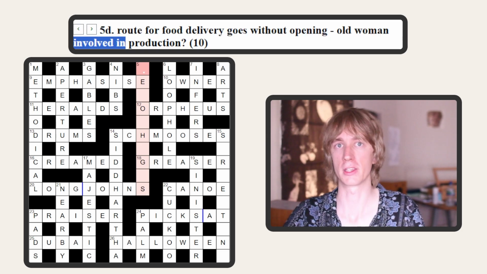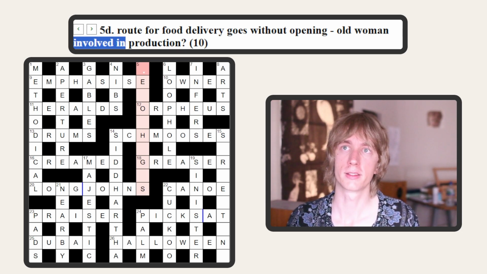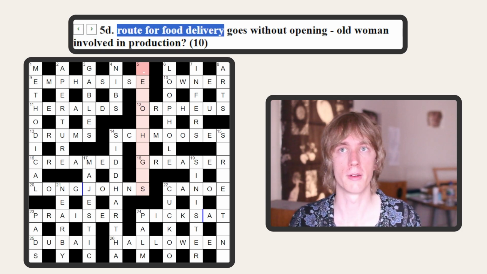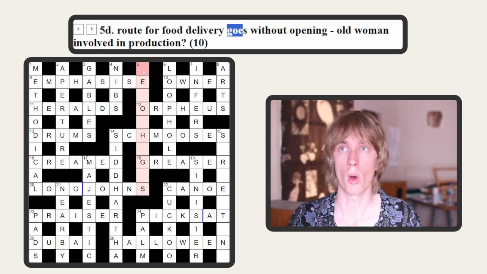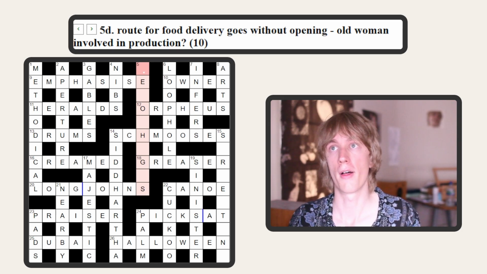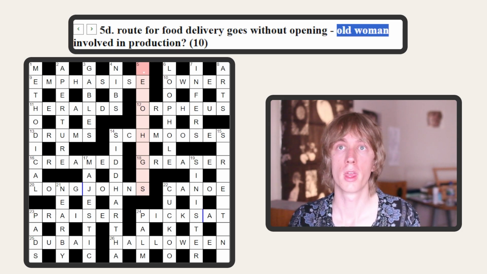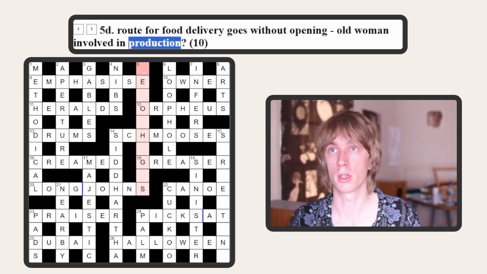If you're involved in something, you're a part of it. Okay, so that suggests that route for food delivery is probably going to be our literal. We're reading it as a word for goes or goes itself that doesn't open, and then a word for an old woman, which is involved in, it's inside, a word for a production.